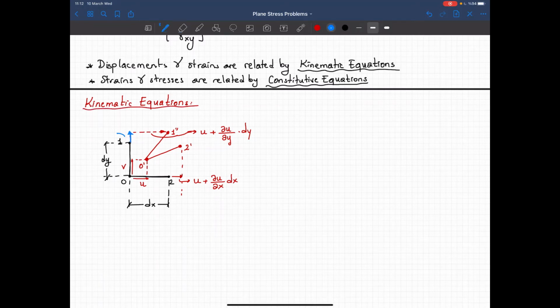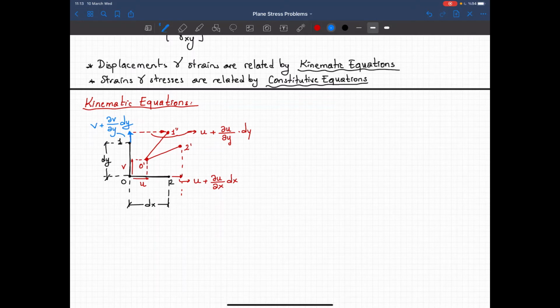All right, let's continue. Now point 1 was here before and it moved in the upward direction by this much. So if I write it in equation form, v plus the change in displacement in the vertical direction with respect to y multiplied by the length of the member, which is dy.